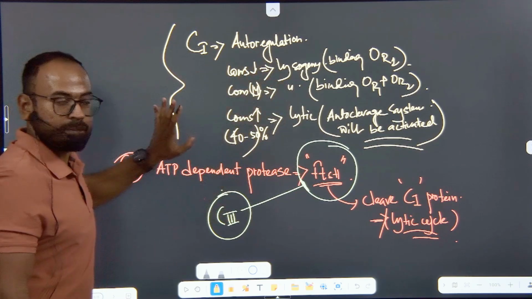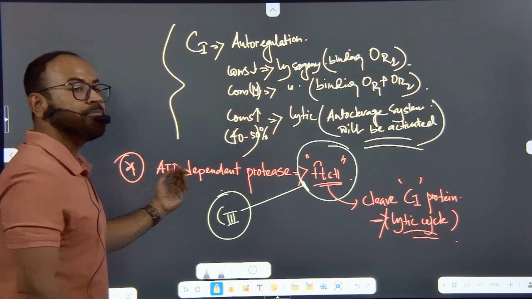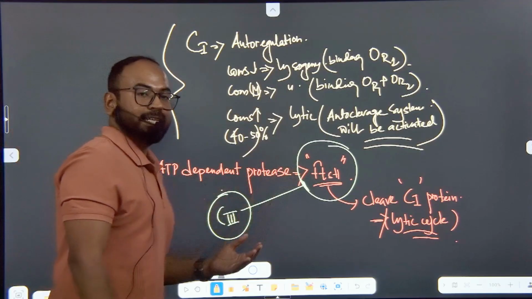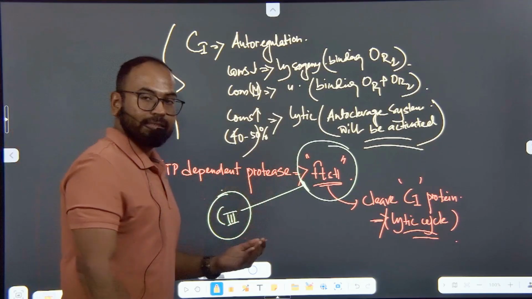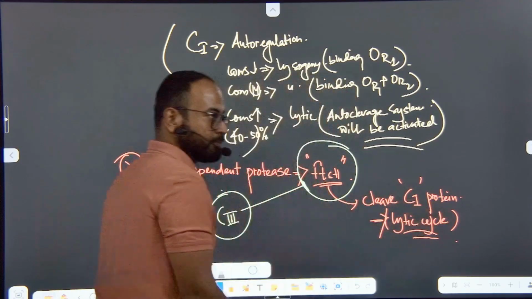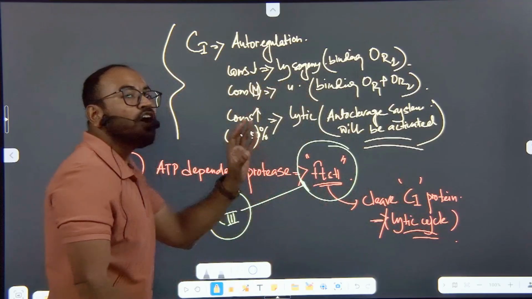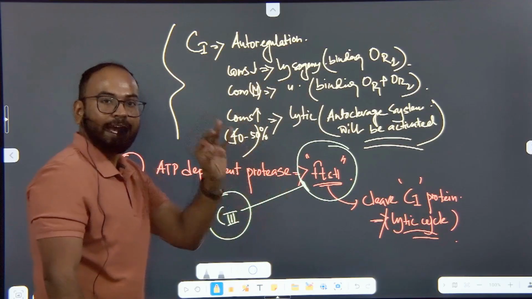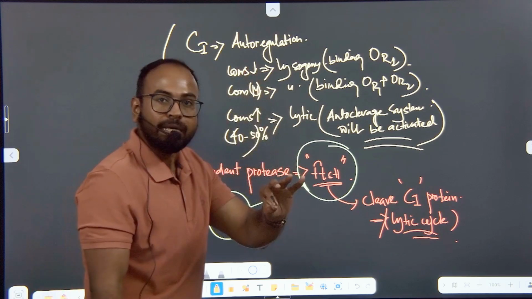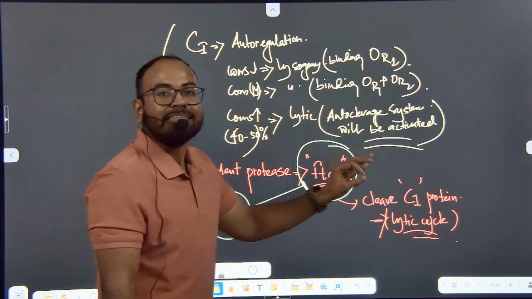As simple as that. But apart from its autoregulation, there are other mechanisms involved. There is a protein FTSH, an ATP dependent protease, which has the ability to cleave the C1 protein, and that can initiate the lytic cycle, because cleaving of C1 will help the synthesis of Cro protein. Then Cro protein can bind to operator region 3, and hence the lytic cycle will result.